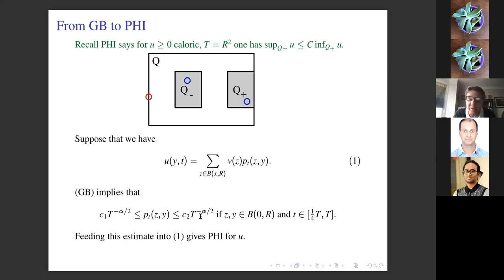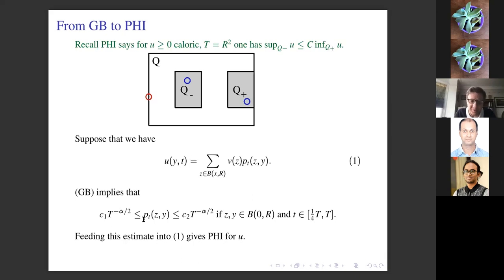The Gaussian bounds give us that basically the term in the exponential is just a constant. So the Gaussian bounds tell us that these functions are all of about the same size for z in this ball here, and for y not just in the smaller ball but in the bigger ball, and for t between a quarter t and a half t.